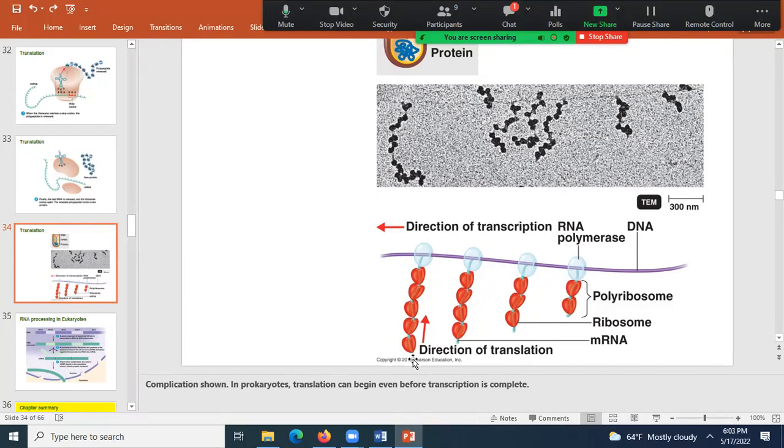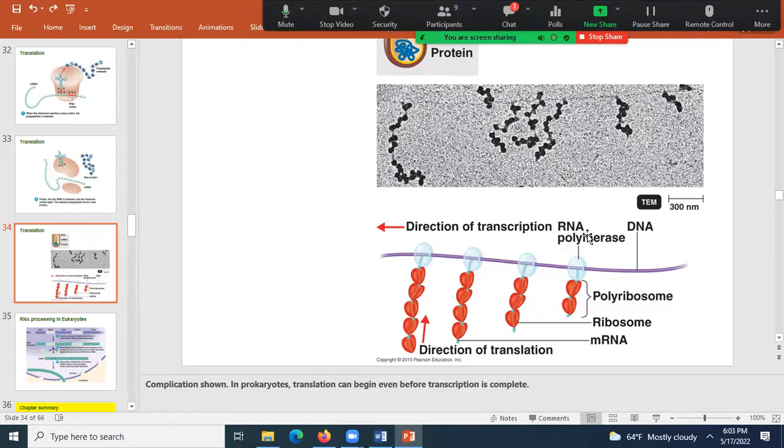And that's a complication we have in prokaryotes, and that is translation can begin before transcription has ended. And then in both prokaryotes and eukaryotes, you can have more than one messenger RNA being made from the same gene at the same time.